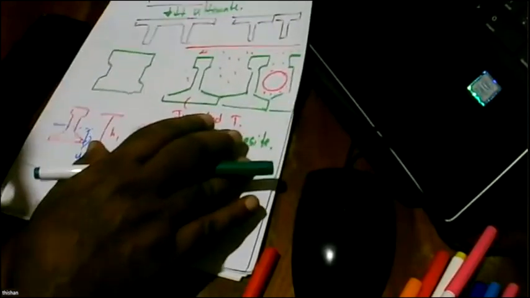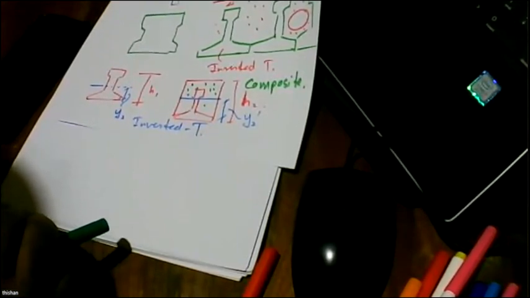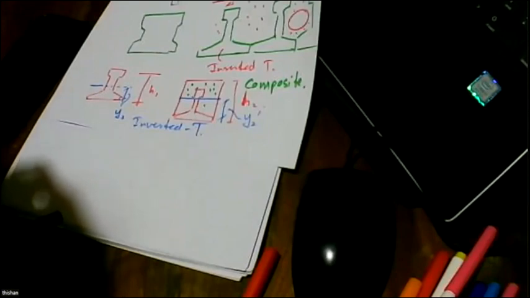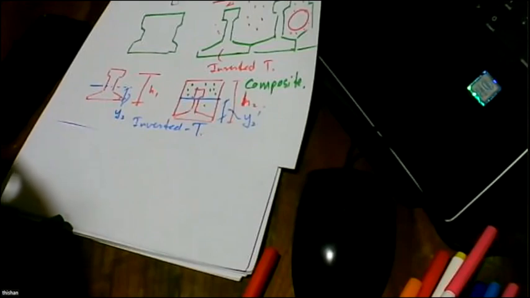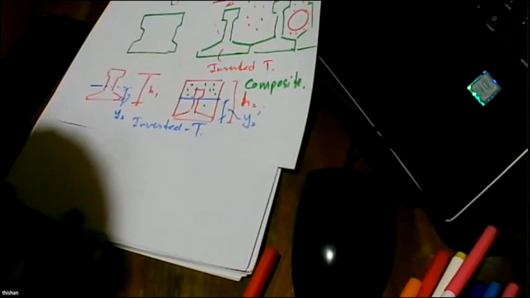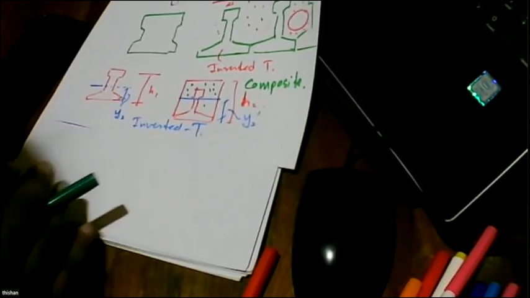So we'll talk about composite, but today I thought I should touch on the construction aspect before we go deeper into the design aspect. In prestressed concrete, it's very important to take correct decisions with respect to the strength of the material, that is, the strength of the concrete, and on the other hand, we also should be very much mindful about minimizing the amount of steel needed.